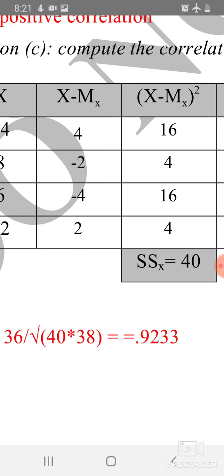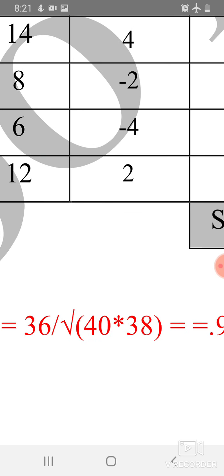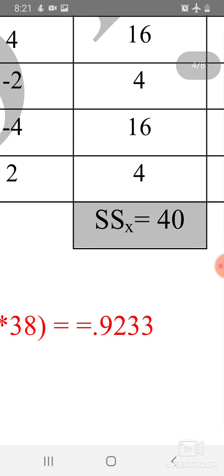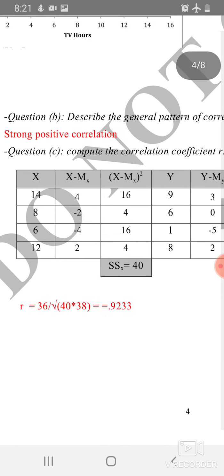SSX is 40, SSY is 38. So when you put this into your calculator, you will get a score of 0.9233. Strong positive correlation, right? That goes with what graphically it looks like before we even calculated it.